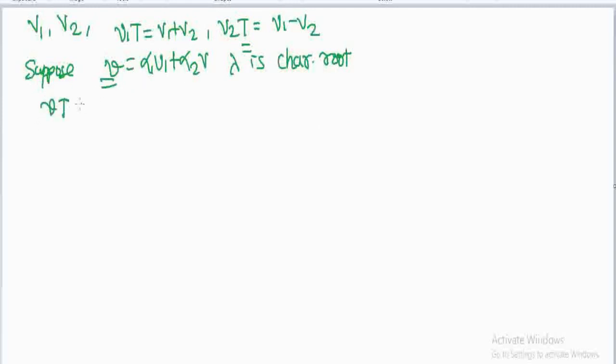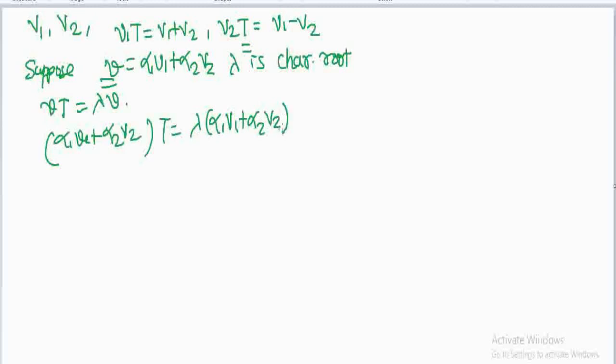Then we have T of v equal to lambda v by definition. So substituting the value of v, we get T of (alpha 1 v1 plus alpha 2 v2) equal to lambda into (alpha 1 v1 plus alpha 2 v2).